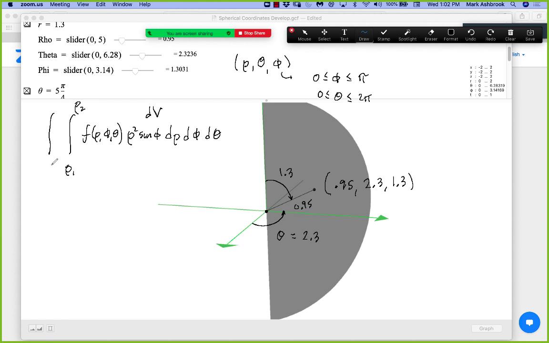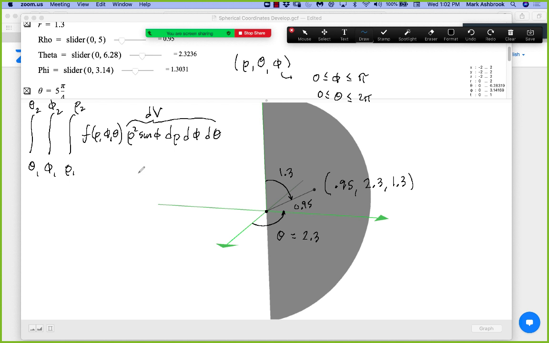And then from phi 1 to phi 2, and theta 1 to theta 2. So this is what a triple integral in spherical coordinates will look like. This whole thing is our dV. Rho squared sine phi comes along with the dV, but then it multiplies in with your function and becomes part of what you integrate.